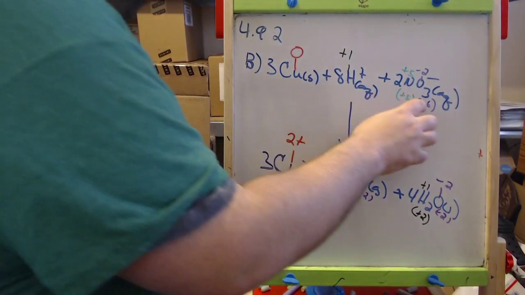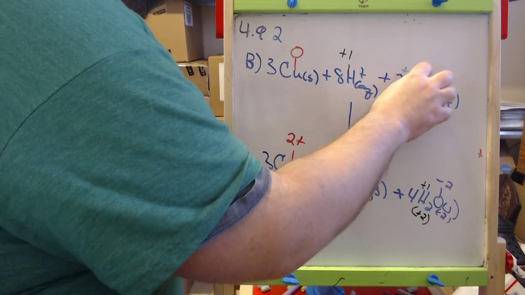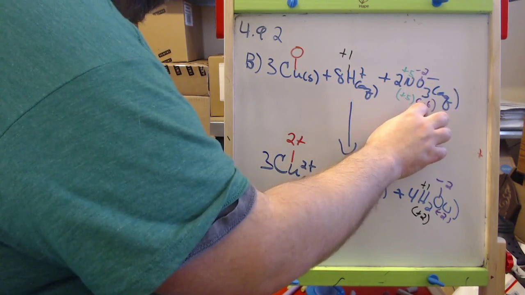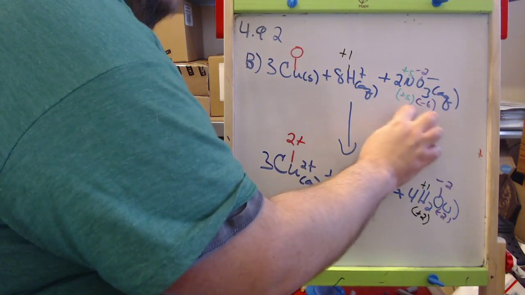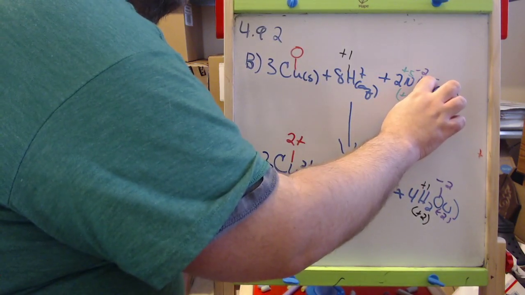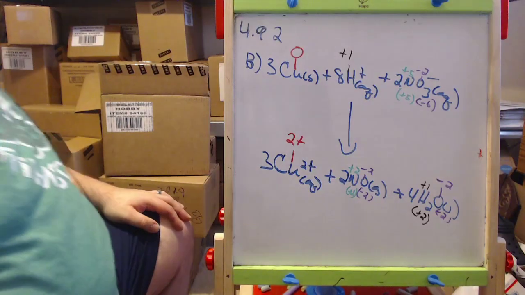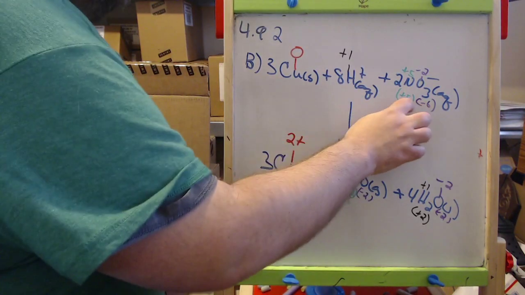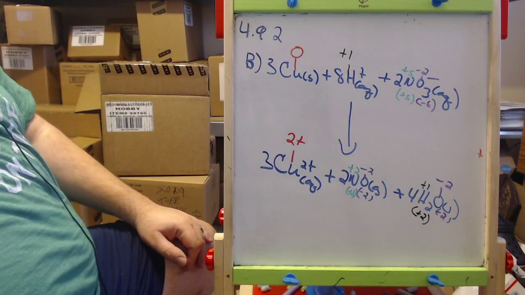So it's 5 here because, okay, oxygen is always a minus 2 in our case here. Minus 2 times 3 is minus 6. Has to be plus 5 because when I add these together, it has to equal the charge on the ion. So minus 6 plus 5 gives me the minus 1.